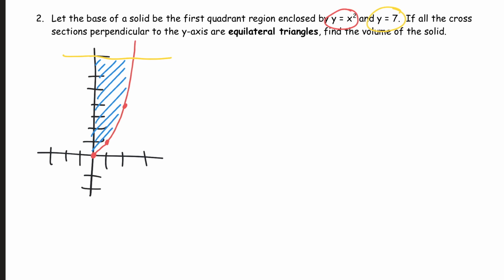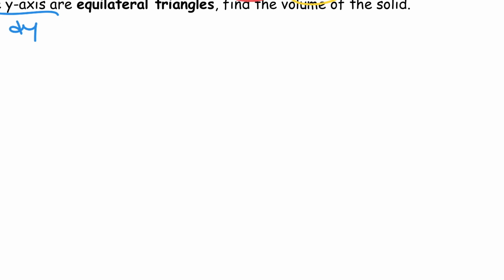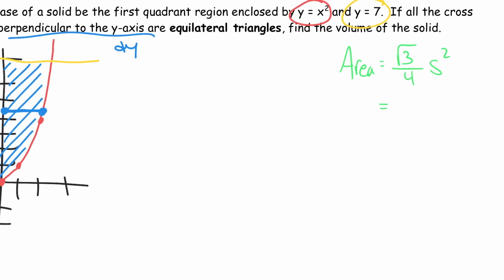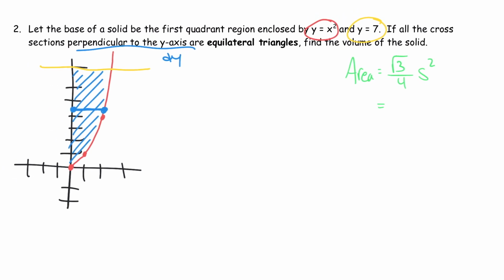Now it says all cross sections perpendicular to the y-axis. So that means we're going to do this dy, and we've got this distance here, perpendicular to the y-axis. So the area of just one of these triangles is going to be the formula square root of 3 over 4 times s squared, where s is one side of this triangle.